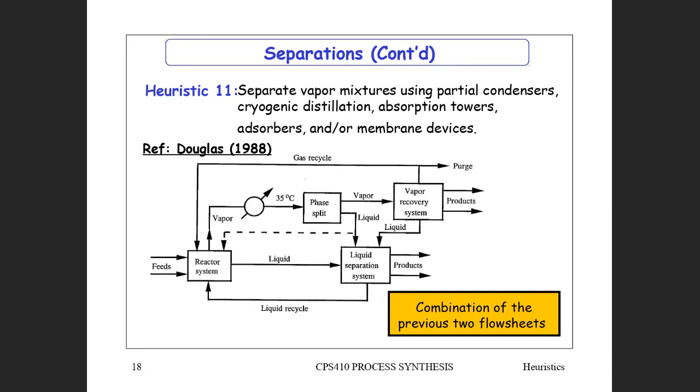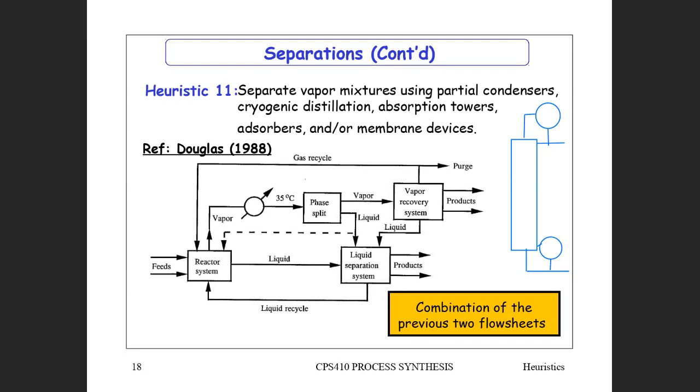A rectangle for our distillation column, a circle for our condenser, a circle for our reboiler, and then we can have a few lines. That one is one of the products.